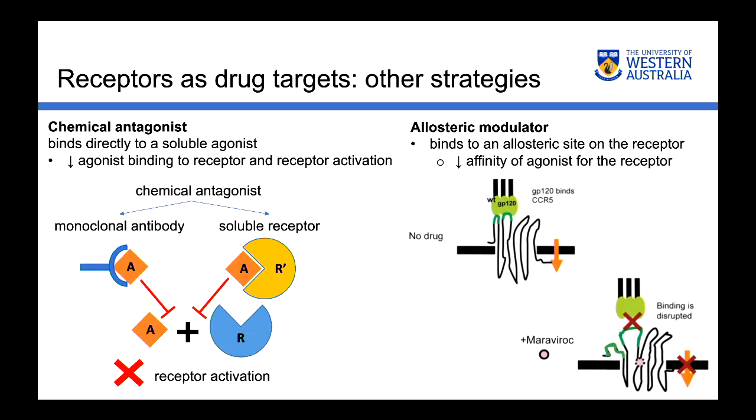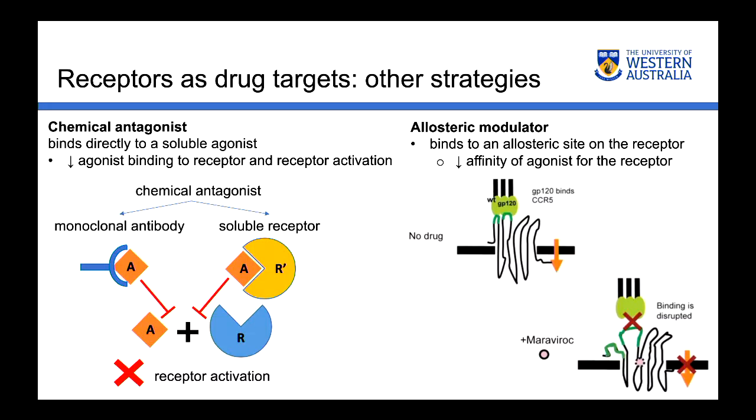So either way, the endogenous agonist is hijacked by the antibody or the soluble receptor, and both inhibit the interaction between an agonist and a receptor, and therefore the outcome is to inhibit receptor activation. Okay, this one way is to target the agonist itself, either through an antibody or a receptor.